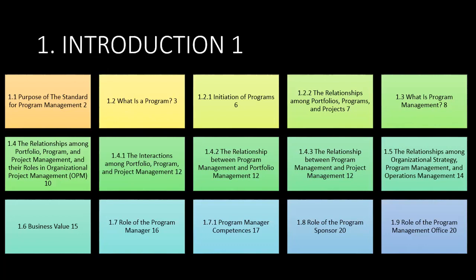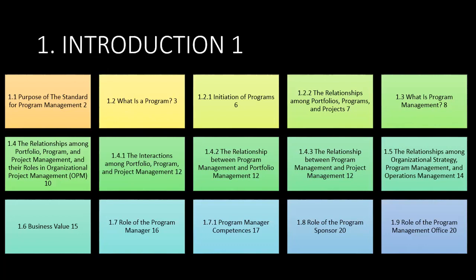So when we talk about what is program management, you need to understand that program management falls under the umbrella of everything that is going on in the firm. We have the entire organization's portfolio of work, and within that, we have programs. Within those programs, we have sub-programs and projects.